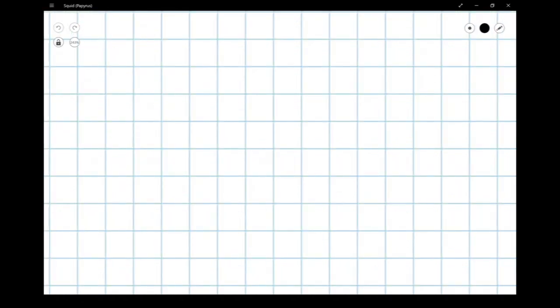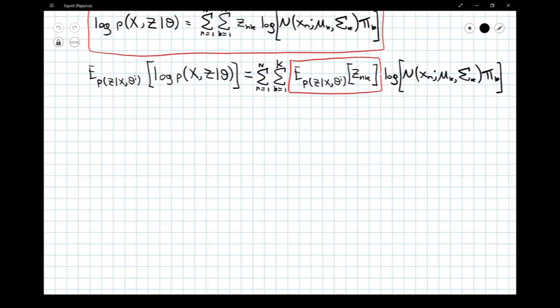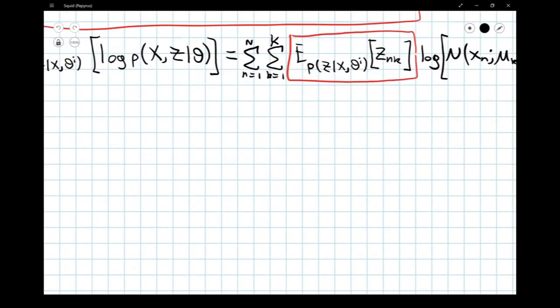So what we're going to do now is write down this thing here. Let's just say, what's the probability that Znk is equal to 1, given xn and theta I?